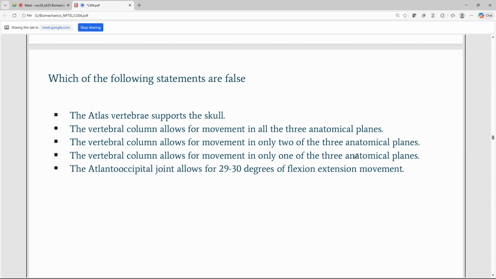Third option, the vertebral column allows for movement only in two of the three anatomical planes. Fourth option, the vertebral column allows for movement in only one of the three anatomical planes. Fifth one, the atlanto-occipital joint allows for 25 to 30 degrees of flexion extension movement.